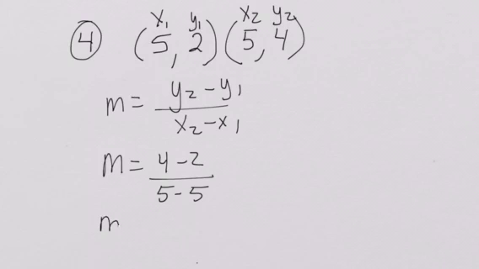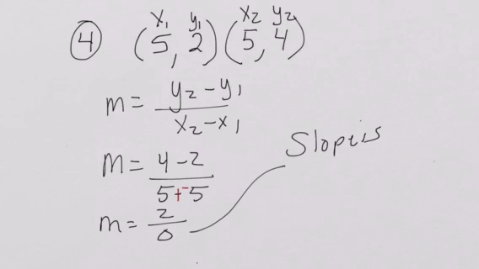So we're going to have M is equal to 2 over, when do we subtract? Never. What do we do instead? Add a line, change the sign. So it's going to be 2 over 0. When we have a 0 in the denominator, we say that the slope is undefined.